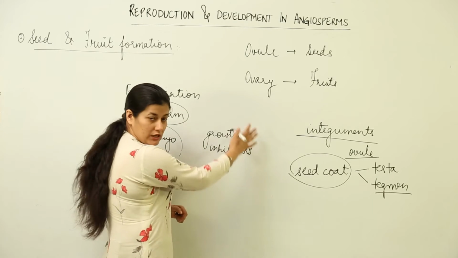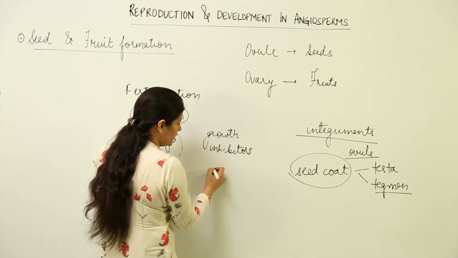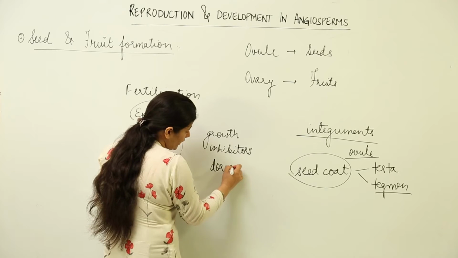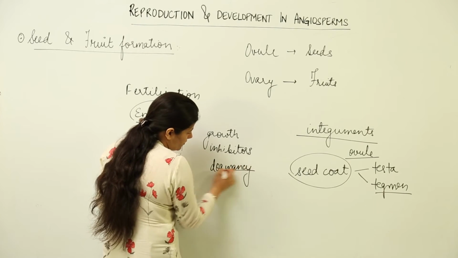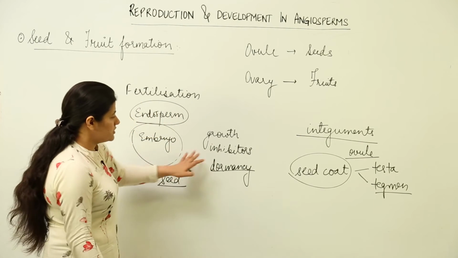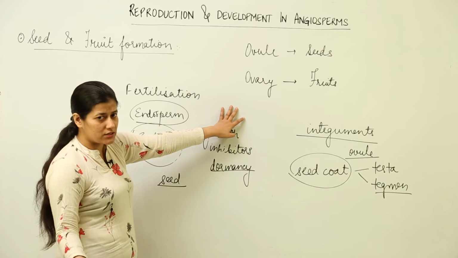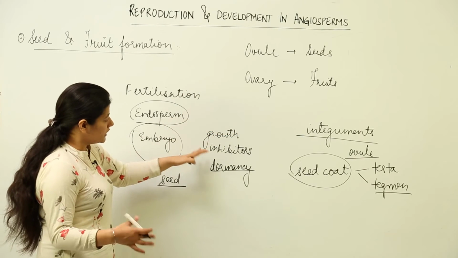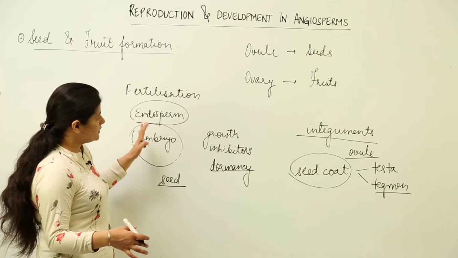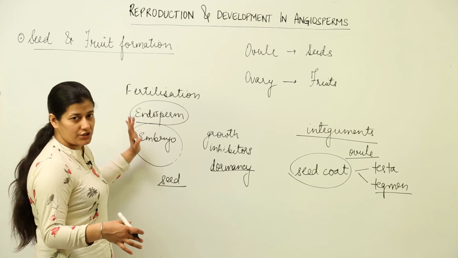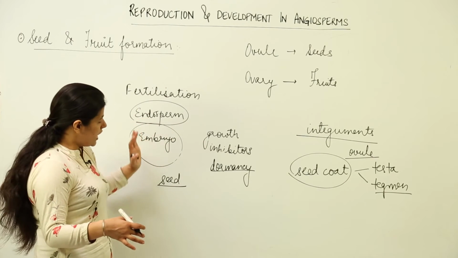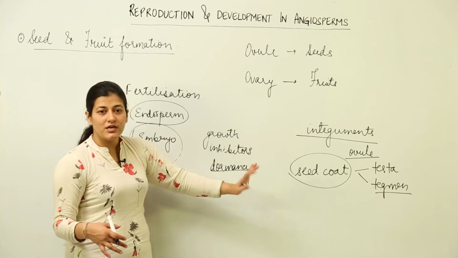As soon as these growth inhibitors would be gone, the seed would leave its stage of dormancy and begin the growth again. This is a process that we study under other topics, but for now you have to see how the changes after fertilization are responsible for the formation of the seed coat.